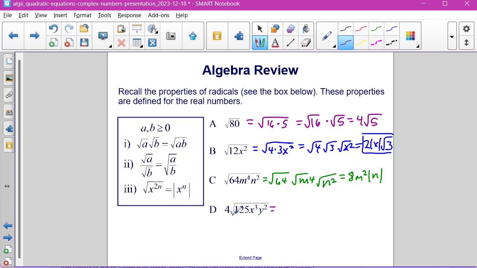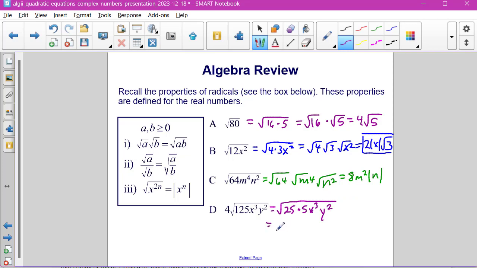We have 4 times the square root of the quantity 125 x to the 3rd y squared. So we have the square root of, we can rewrite 125 as 25 times 5. And then we're going to have x to the 3rd y squared still in there.